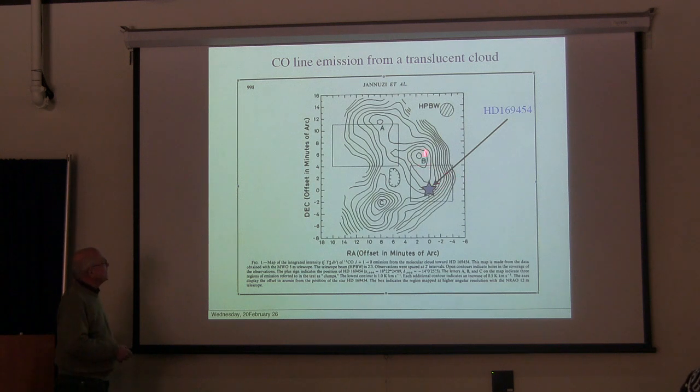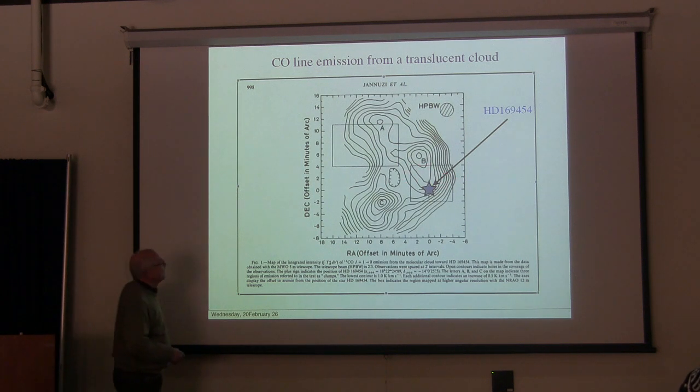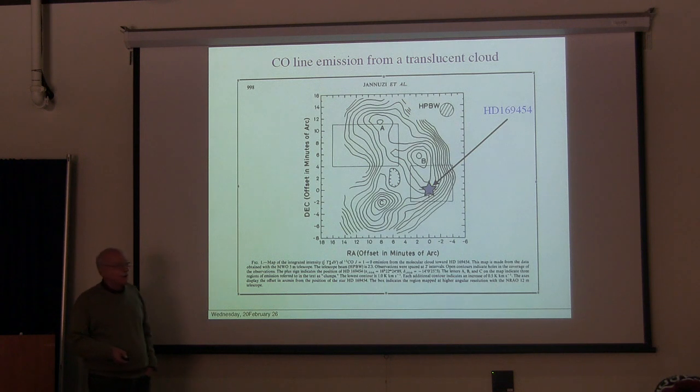In any case, the reason this is interesting is that this interstellar cloud was not found by blind survey mapping of the carbon monoxide emission line in the galactic plane. Rather, this cloud was first identified by visible wavelength absorption spectroscopy toward a star at this position on the map.